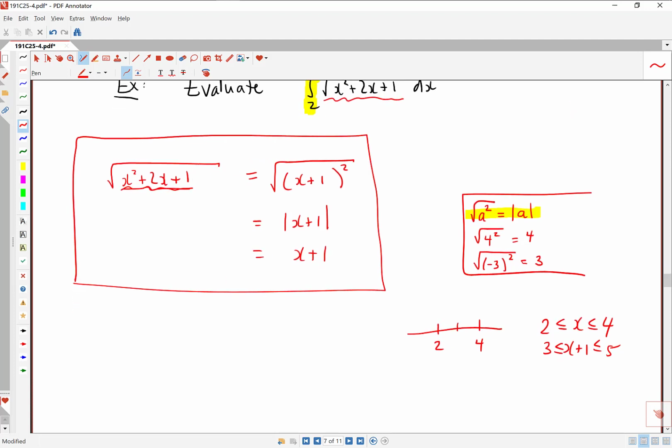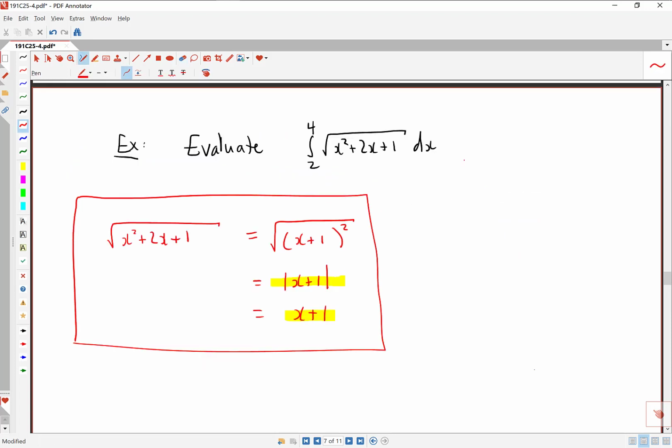And if you had been in some situation where, say, x was ranging between, I don't know, let's say negative 9 and negative 8, then the absolute value of x plus 1 would actually be negative x plus 1. So this is really just for the sake of having a complete discussion of algebra skills. So that is now going to allow us to rewrite our integrand.